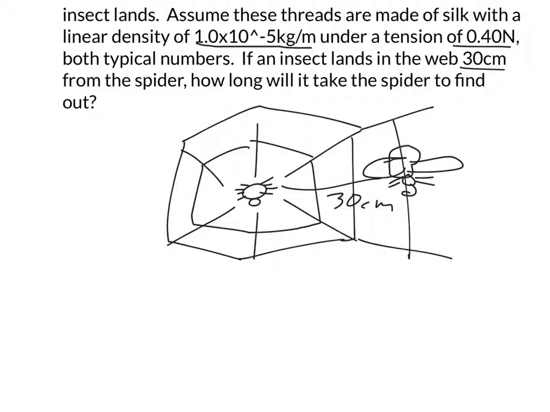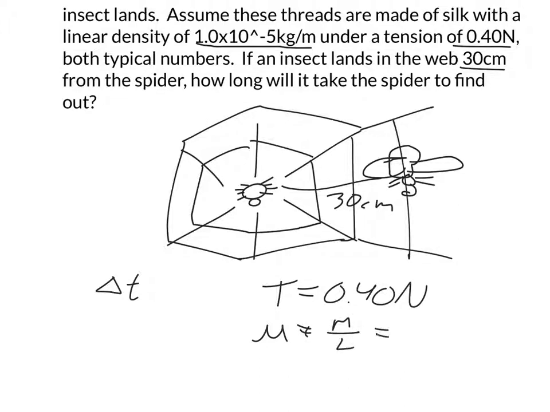So we're looking for a time. What have we got? We've got a tension. We've got a linear density, a mu. Mu is equal to mass per unit length. And in this case, we don't even need to worry about what the mass and length are.